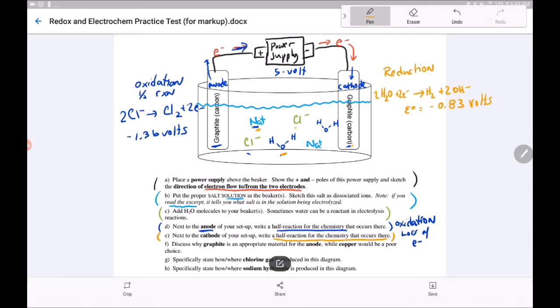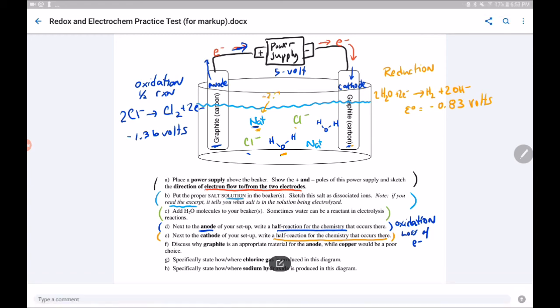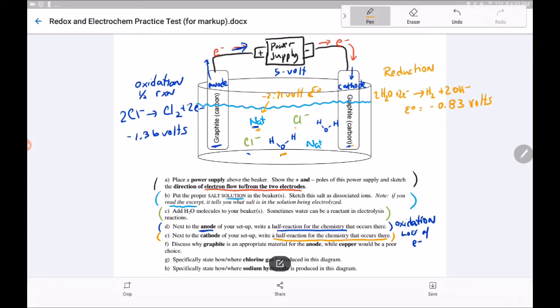Sodium ion is horribly negative. Negative 2.71 volt potential is not going to happen if there is water present. So water is reduced at the cathode.